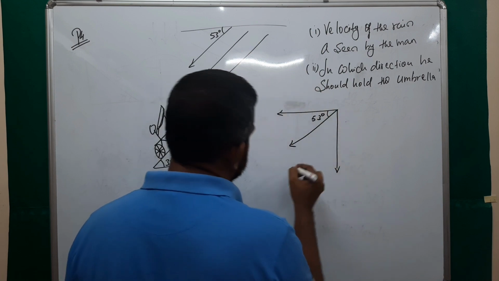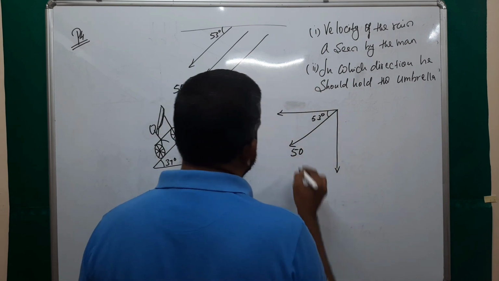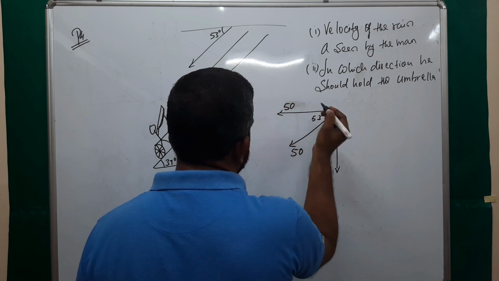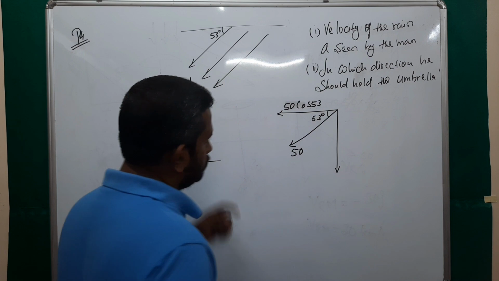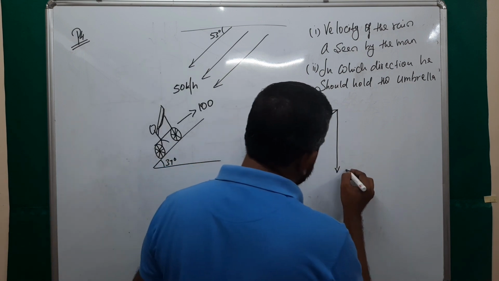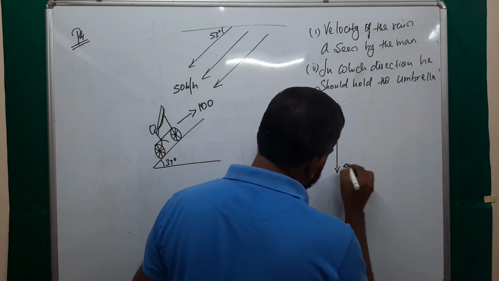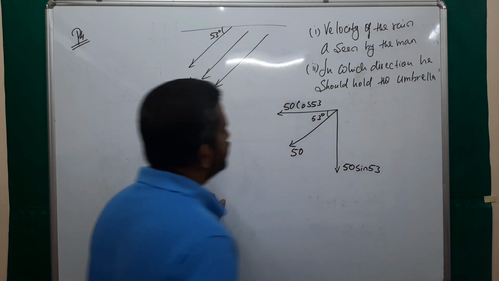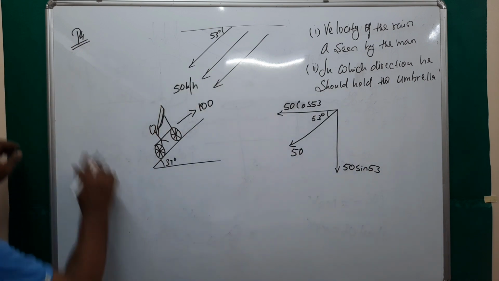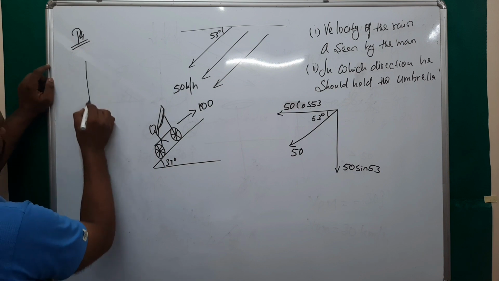This velocity is 50, so this component is 50 cos 53, and this component is 50 sin 53.